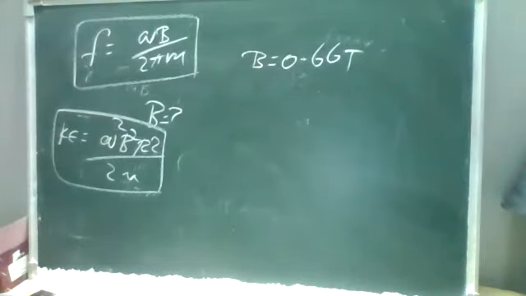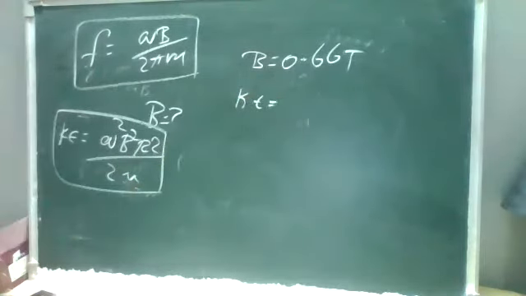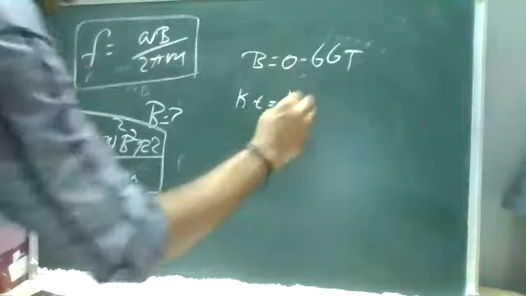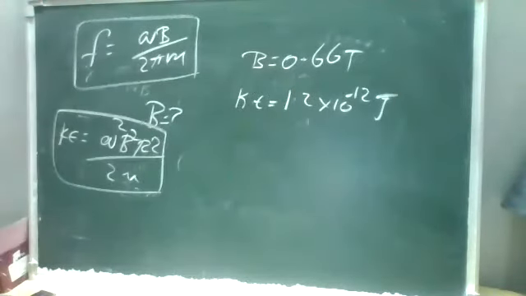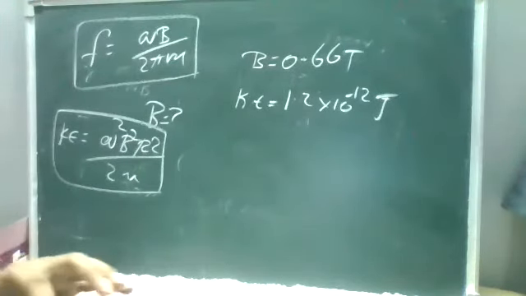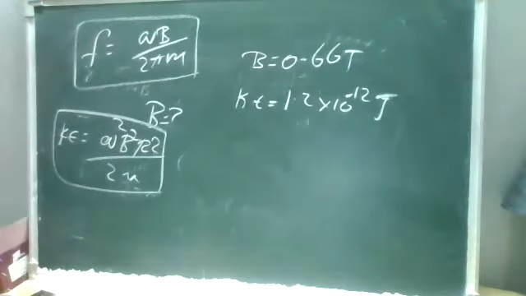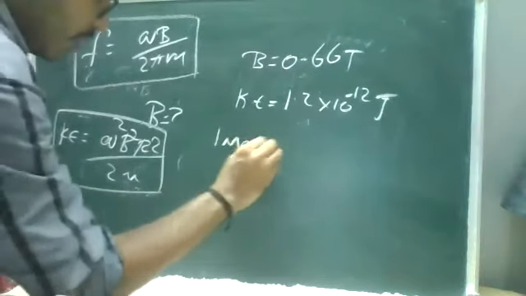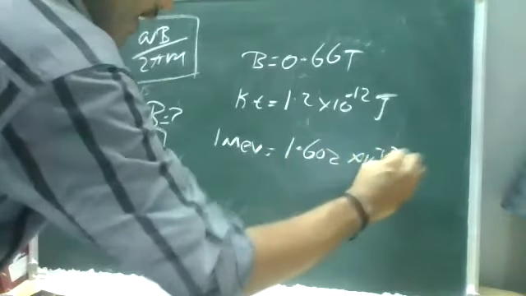Next, for your kinetic energy, it is 1.2 into 10 power minus 12 joules. This is your answer. Here they told you to convert joules into mega electron volts. They have given the conversion value also: 1 MeV is equal to 1.602 into 10 power minus 13 joules.